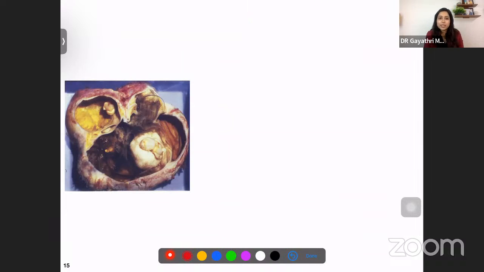Coming to the next image. So what are the striking features that you can see in this? You can see cystic areas, and you can appreciate the yellow content, which is basically sebum, the hair which is present, and even the cartilage. When you see a cyst like this, which has components from various things, it can be bone, teeth, sometimes sebaceous material, there could be hair, you should think about the dermoid cyst.